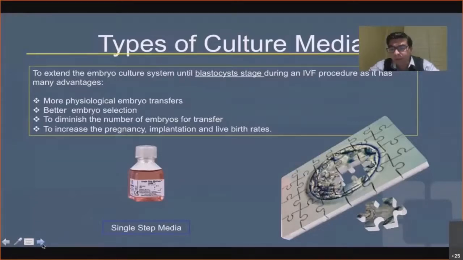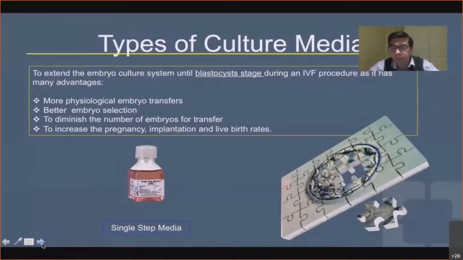This cancellation rate that is very low is one of the reasons to always try to transfer blastocysts in all of our IVF cases. It is clear that when we push the embryos until blastocyst stage, we add more developmental and morphological information from each embryo, allowing us to make a better selection of the embryos from the cohort to transfer.